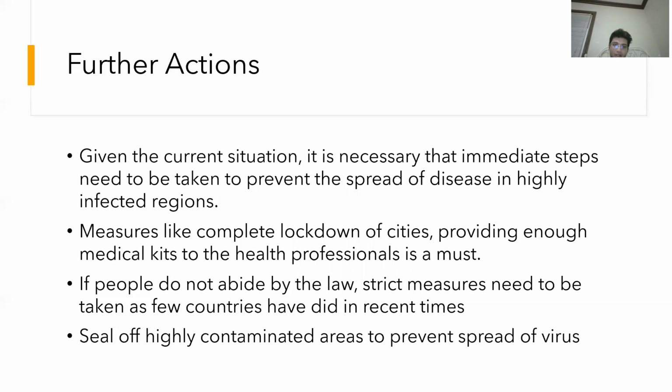And it is also necessary to seal off highly contaminated regions to prevent the spread of the virus. Sealing off basically means cordoning off the area, and people there should be put in complete lockdown. They shouldn't be allowed to go outside, but instead should be provided with essential goods like groceries for their needs.